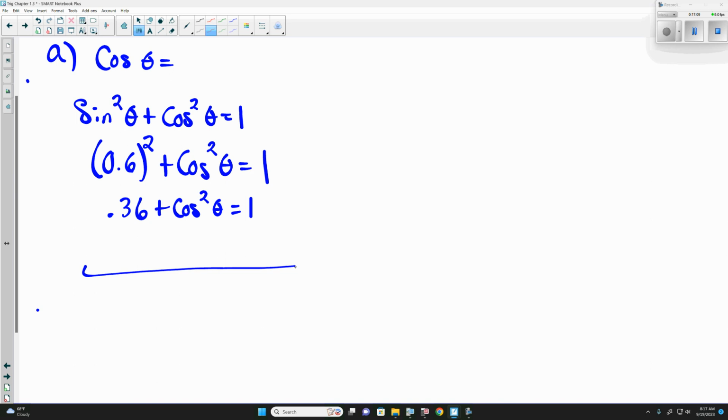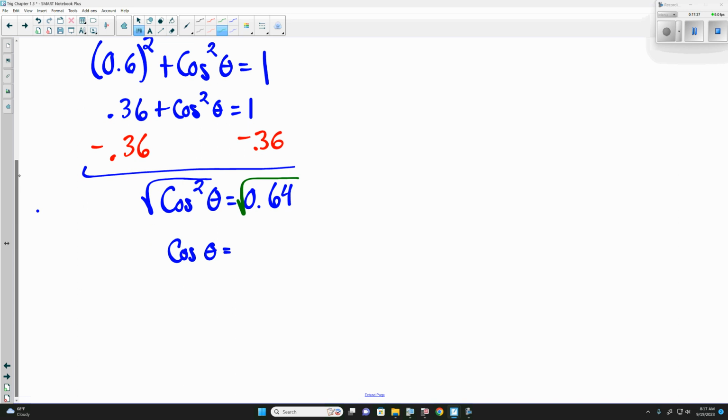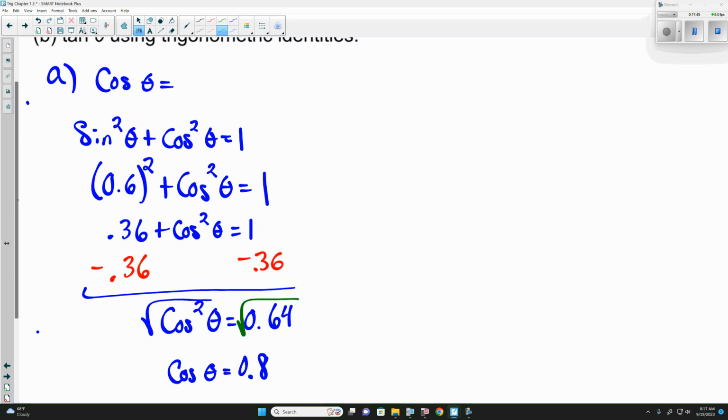Now at this point here, we can get cosine by itself by subtracting 0.36 from both sides, which will tell us that cosine squared of theta is equal to 0.64. And lastly, we're going to square root both sides, telling us that cosine of theta is equal to 0.8.